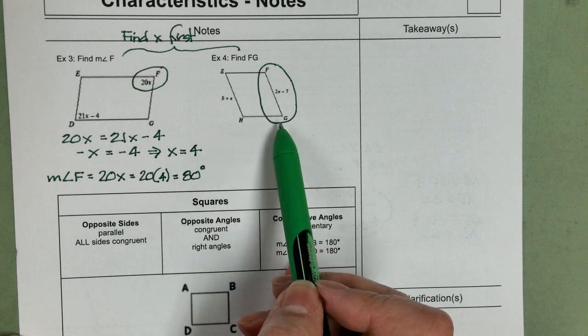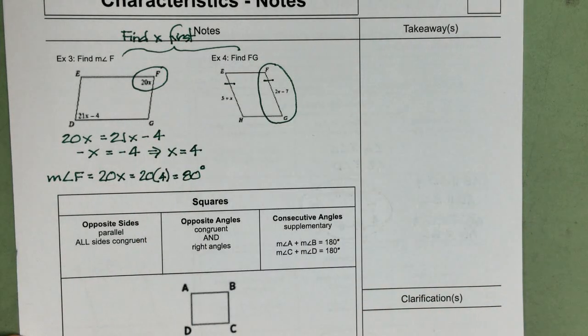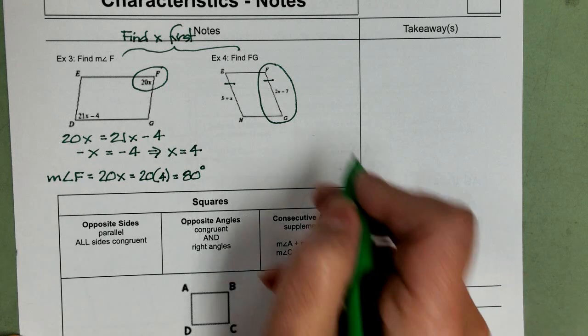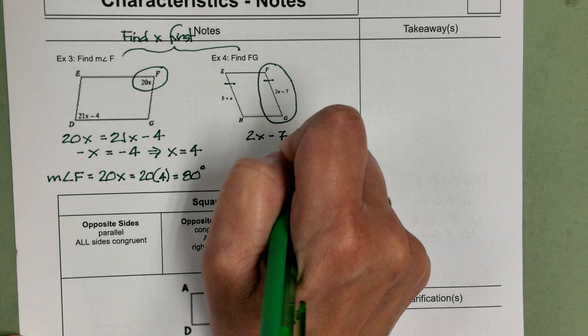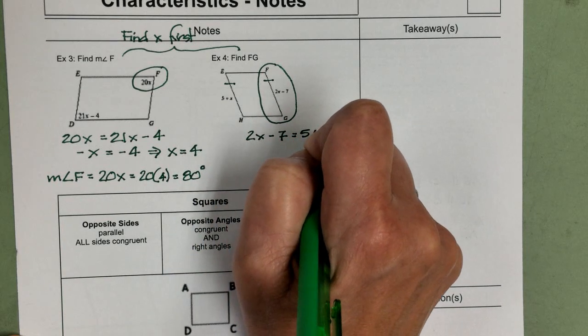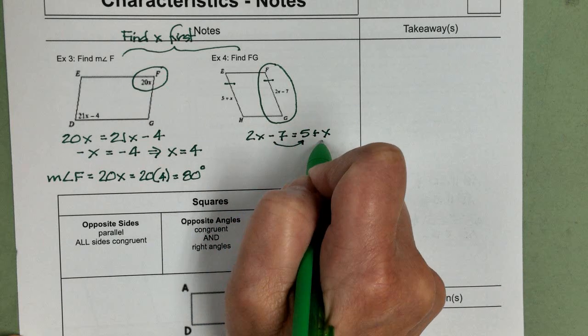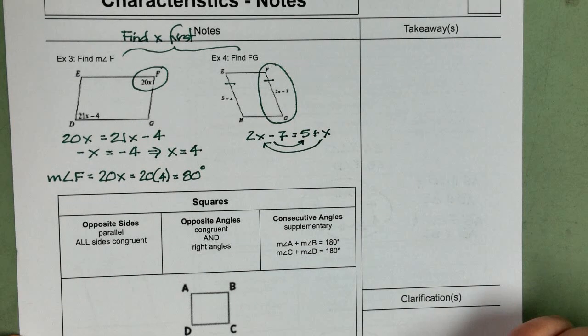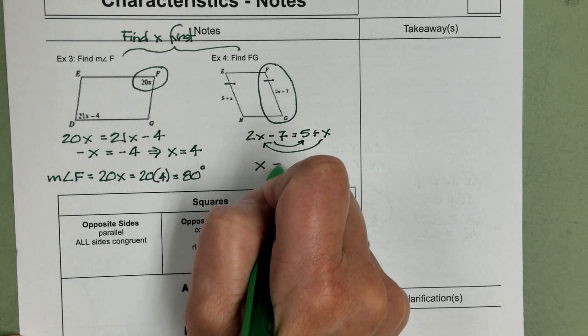Example 4, we have a parallelogram. That means opposite sides are congruent, which means their measures are equal. So we set 2x minus 7 equal to 5 plus x. I'm going to move my constant to the right and my variable to the left. When I move it to the left, I'm going to subtract it, so that gives me x.